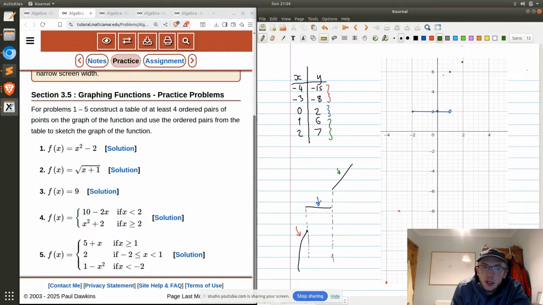The top piece of the function is linear, and so I can connect those up like that. And then the bottom piece of the function is parabolic. And indeed, if we were to input -2 into here, it would be 1 minus the square of -2, which is 1 minus 4, which is -3.